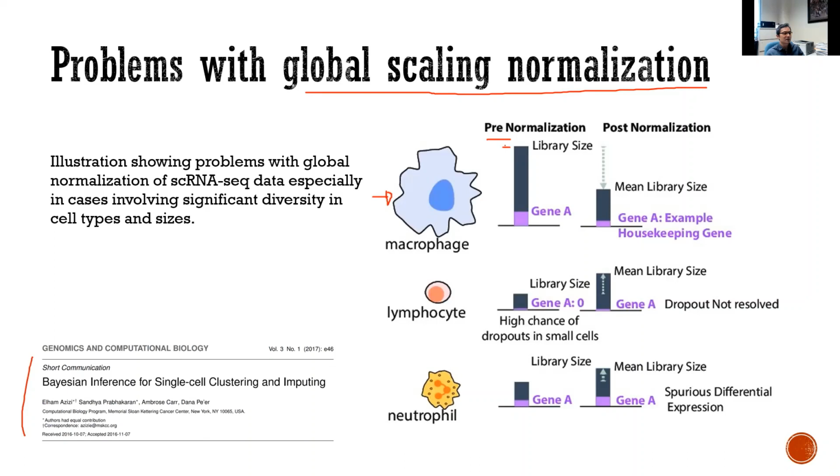In this case, all the other genes' expression in this library size matrix will be changed accordingly, and this will skew or bias all the gene expression levels and produce spurious differential expression for particular genes across different cell types.